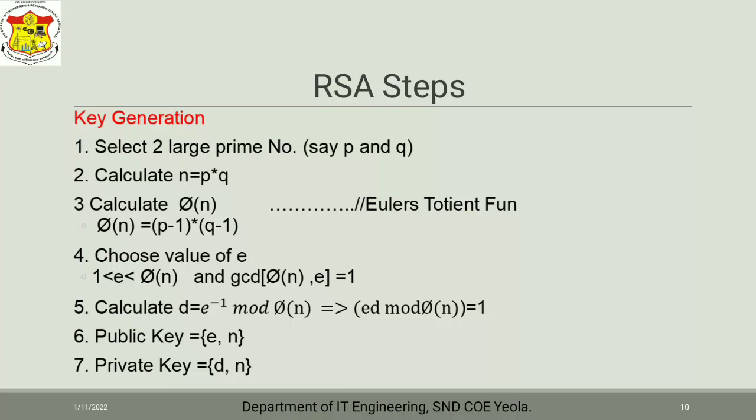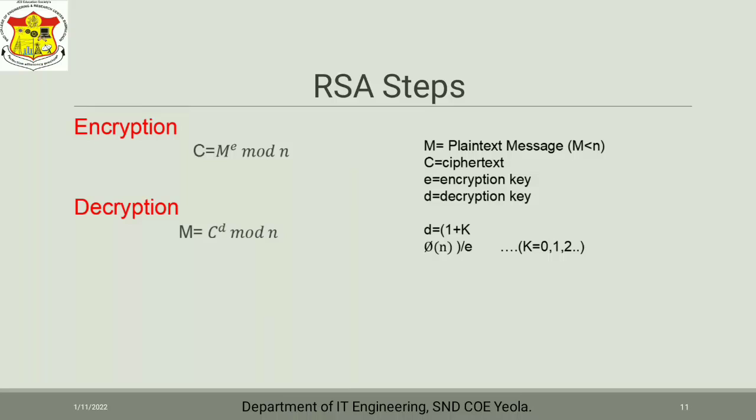Find D in such a way that D equals 1, 2, 3, by trial and error method. That is how the private key D is found. Now find the plaintext message again, on the receiver side.